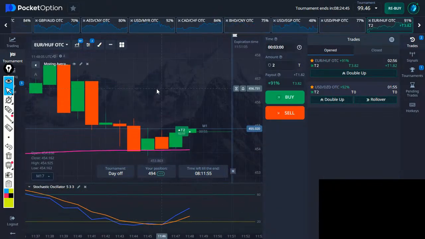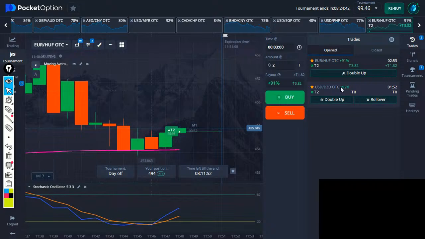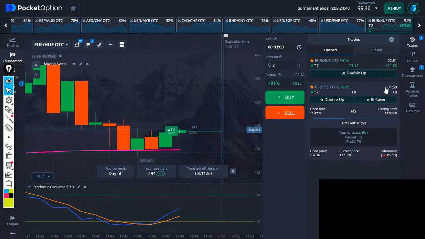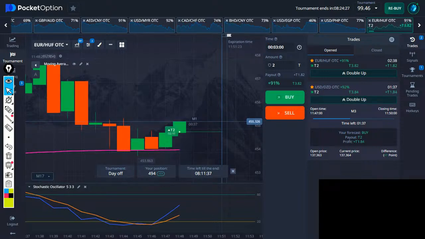So we have two running trades. Nice. Euro HUF is doing perfect. If this candle keeps on going strong and closes strong in green, we have a 60% chance of closing it in the money. Remember, we still have 2 minutes left.